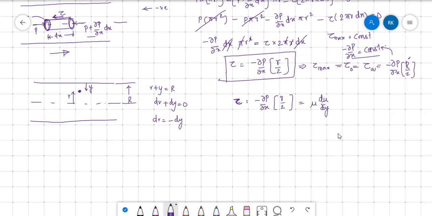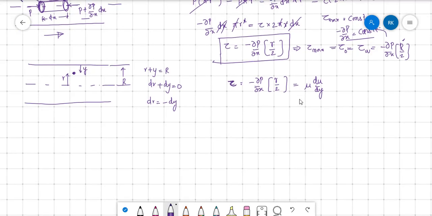So minus dou P by dou X into r by 2 is equal to mu into du by dy, and dy is equal to minus dr. Keeping the minus here, the minus gets cancelled. So dou P by dou X into r by 2 is equal to mu into du by dr.